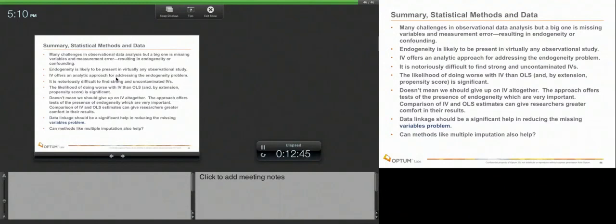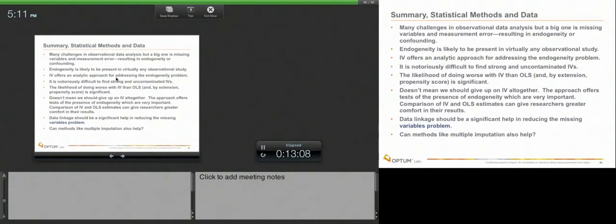So one of the areas that we're very interested in is the statistical infrastructure around data linkage. Because it's interesting, when you look in the literature, most of the literature is focusing on the errors that get introduced by imperfect linkage. But that's kind of a secondary question.